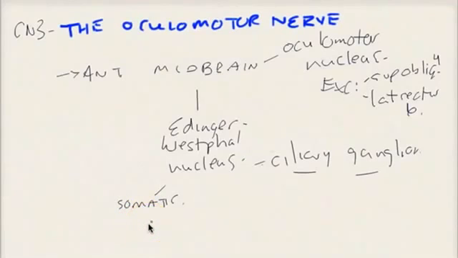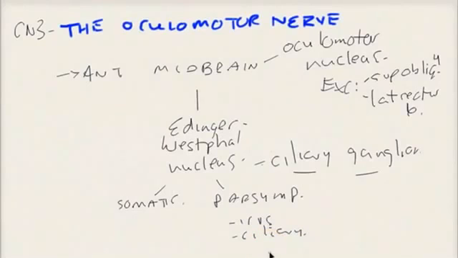So when paralyzed, ptosis occurs, and the down and out gaze occurs because there will be unopposed action of the lateral rectus, innervated by cranial nerve 6, and the superior oblique, which is innervated by cranial nerve 4. Now, the parasympathetic fibers, these innervate the sphincter of the iris and ciliary muscle.